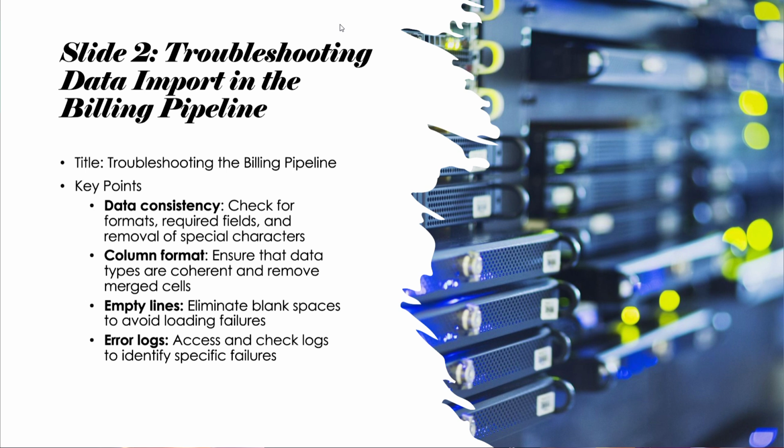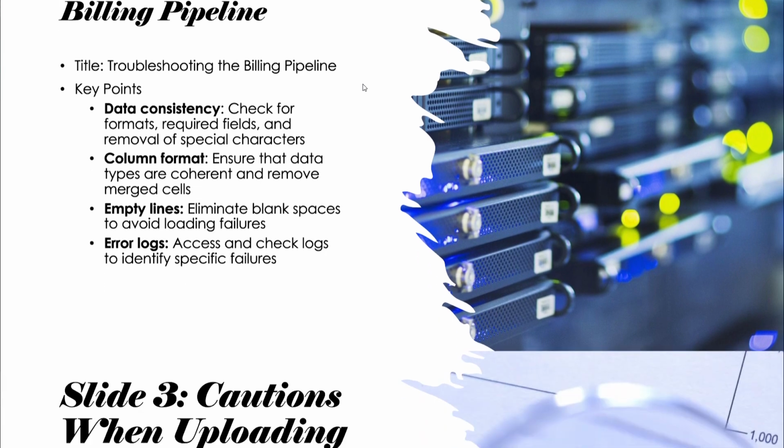This will interfere with loading, because they cannot be uploaded directly, or cannot be uploaded without a problem. They can create problems where we will find ourselves in a big problem. So we have to avoid all empty spaces in columns and in rows.